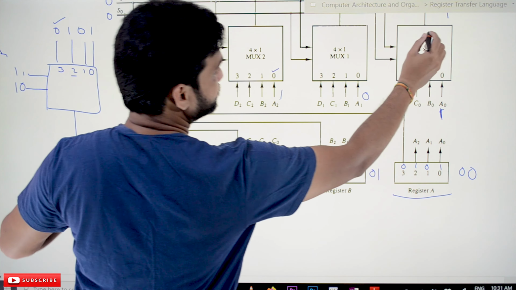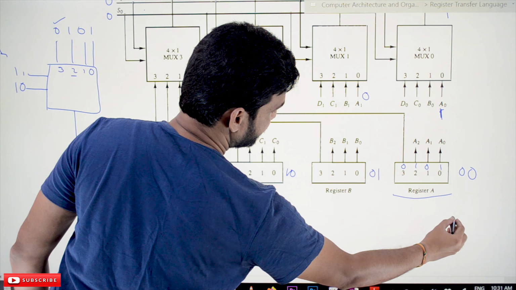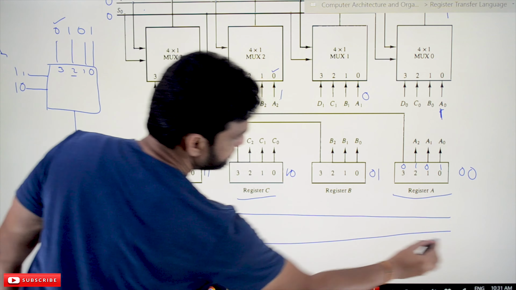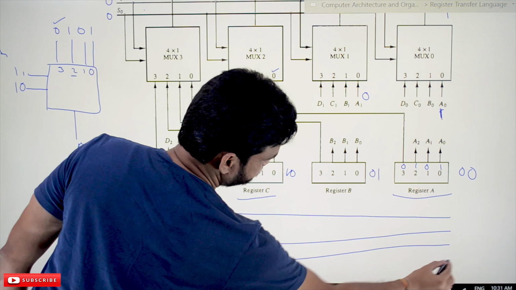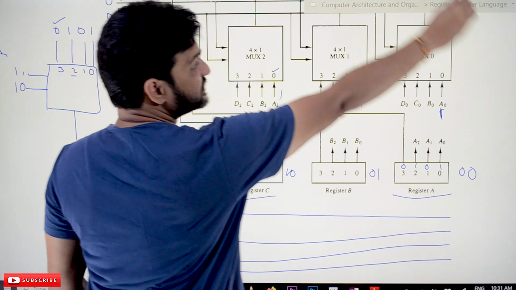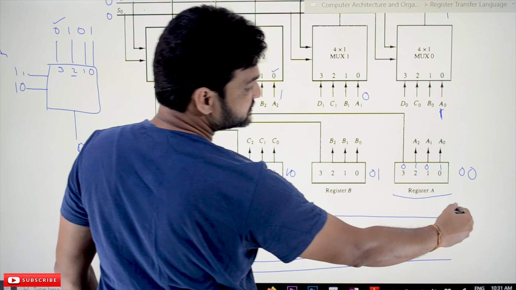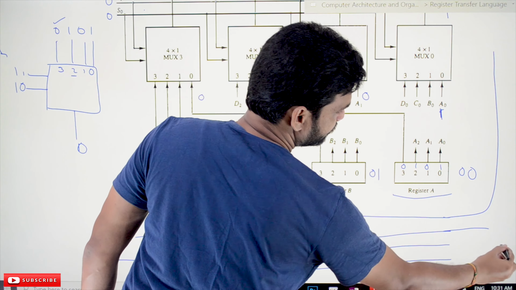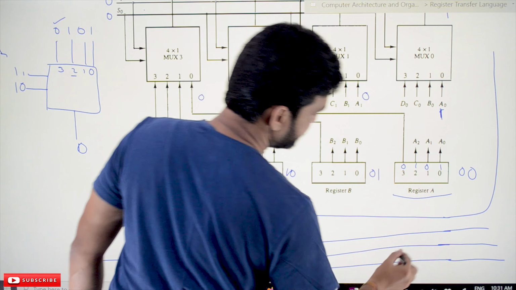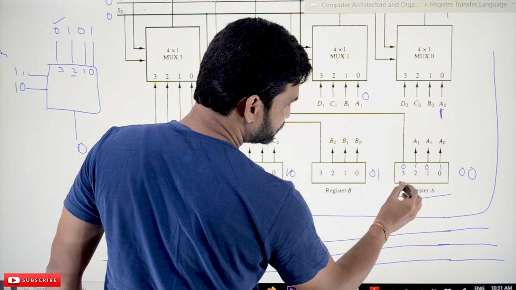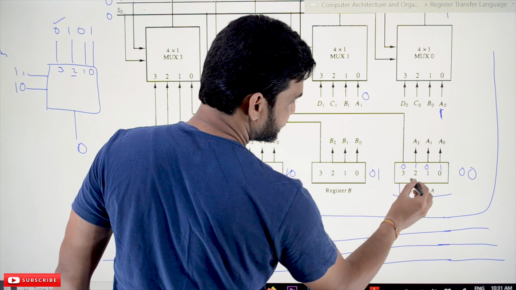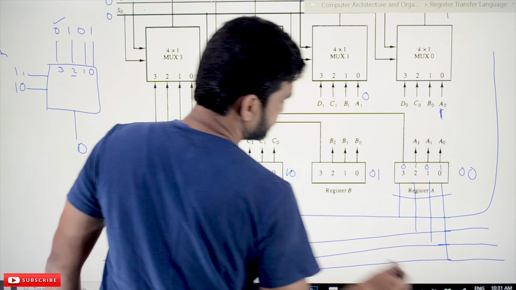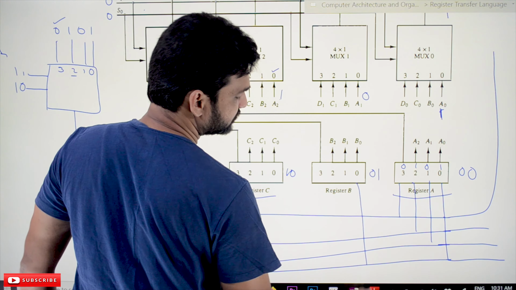So each line, so it is going to have all the lines that are there for the common bus now will be connected in this way. Okay, and the input of these registers will also get connected in this way. Okay, and similarly for this also.